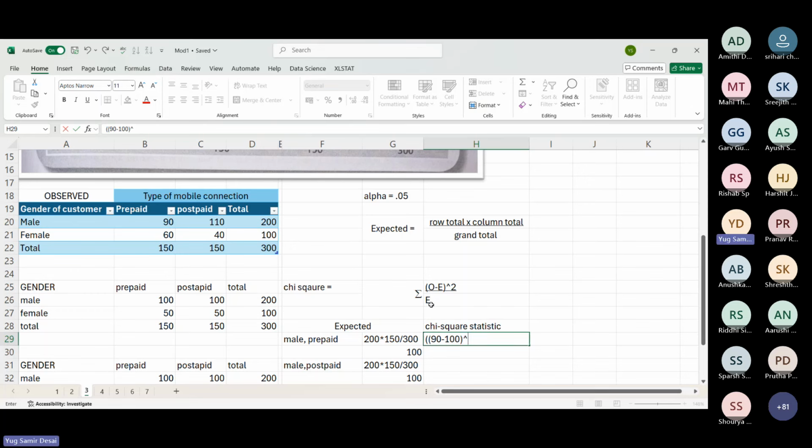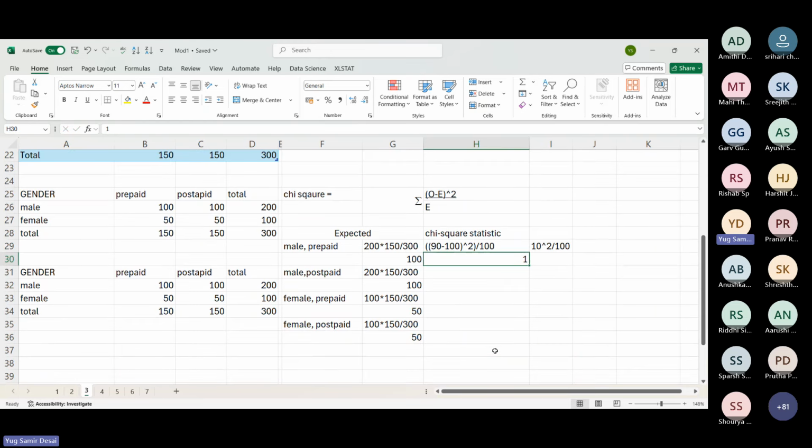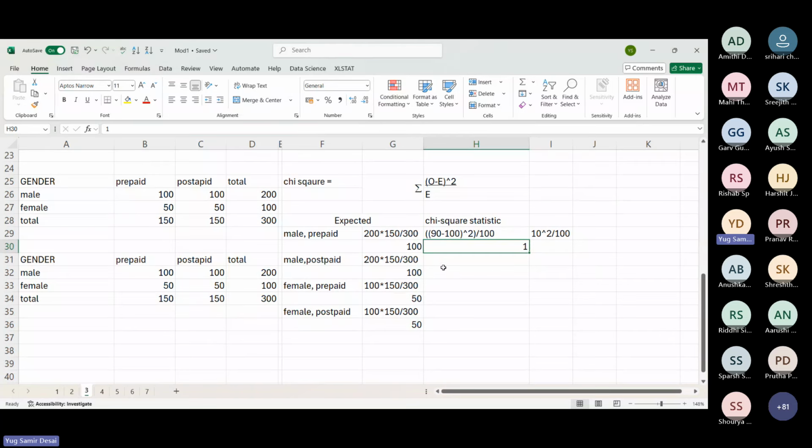Then as per the formula, we square it and divide it by, again, our expected frequency of 100. So that should give us a test statistic of 1, because this is 10 squared by 100, which gives us 1, because 10 squared is 100. I think that much we can figure out now.